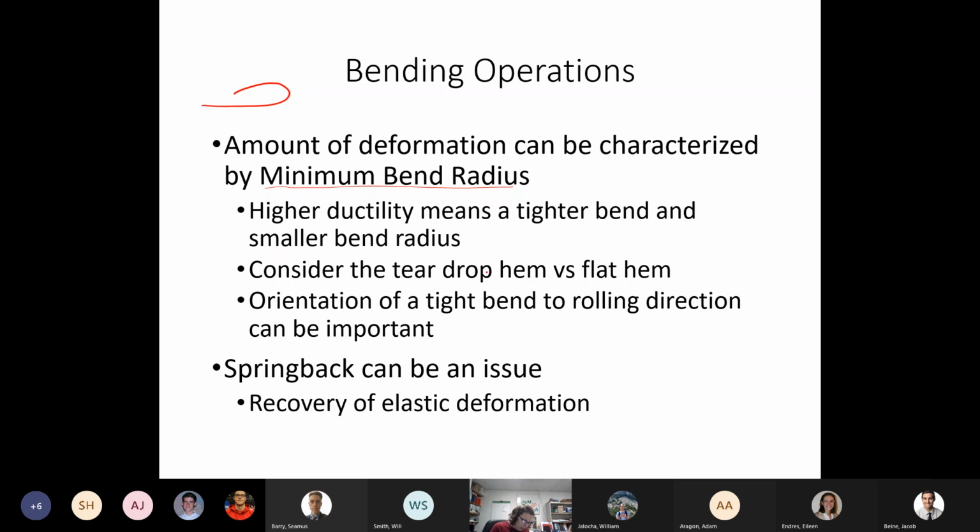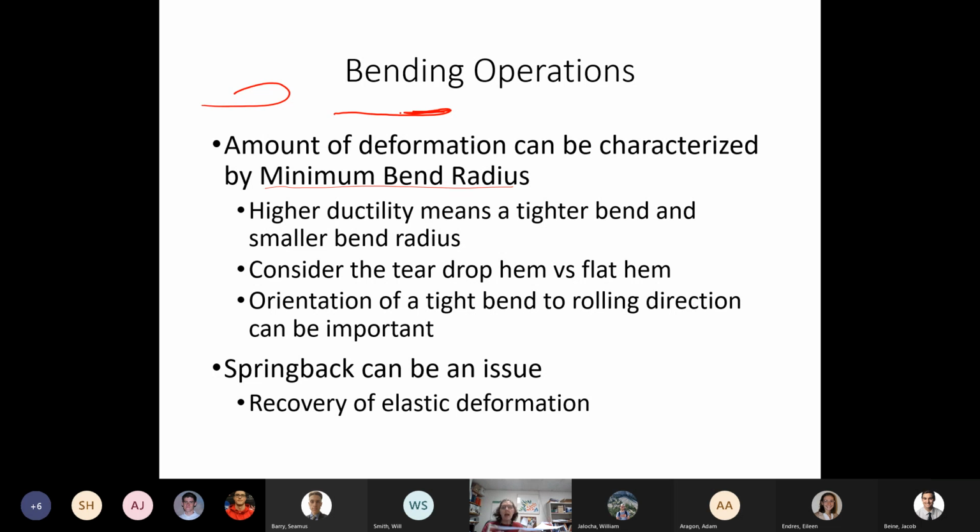Now, again, when we talk about a hemming operation, that is sort of what I've described up here, where for highly ductile materials, we can just bend the piece over on its side.